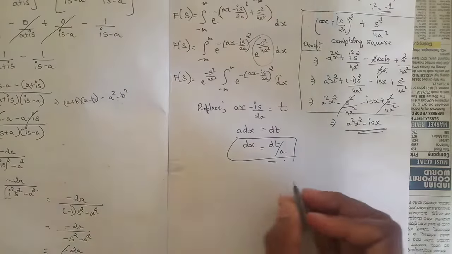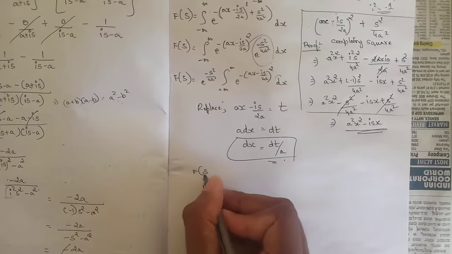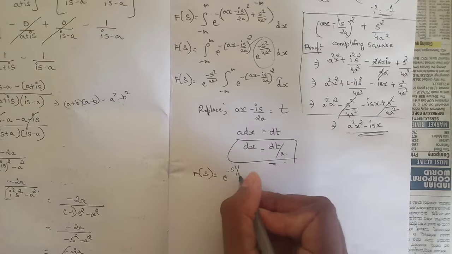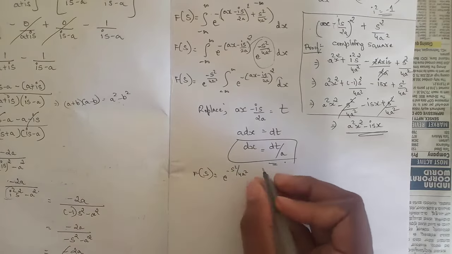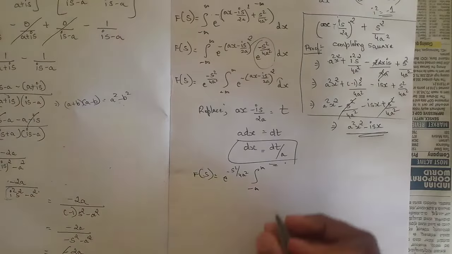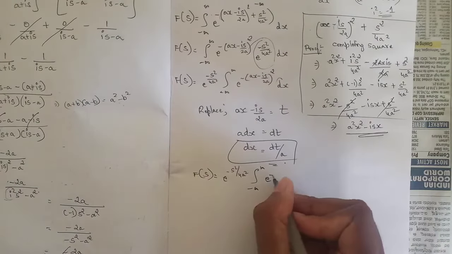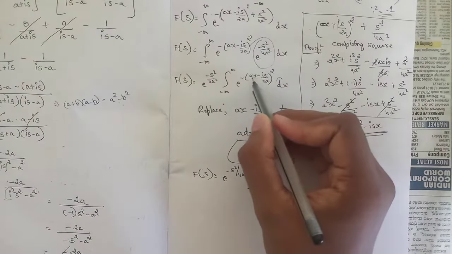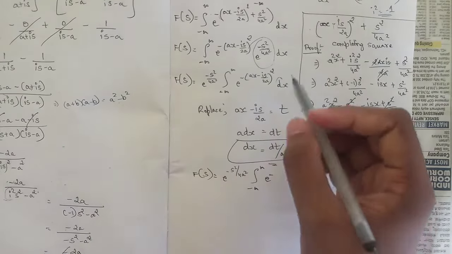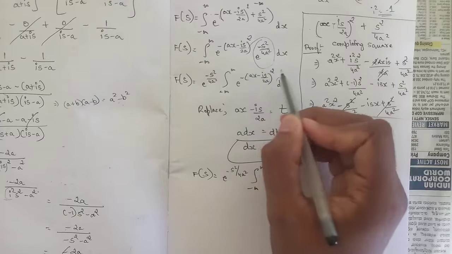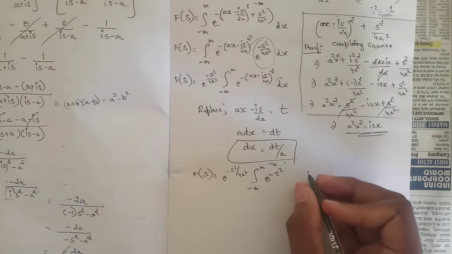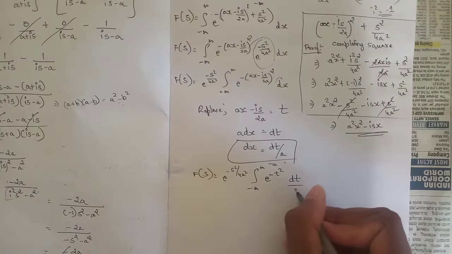So now the problem is e power minus s square by 4a square into the integral from minus infinity to infinity e power minus, with ax minus s by 2a equal to t, and in the question it is whole square, so this becomes minus t square, into dt by a.